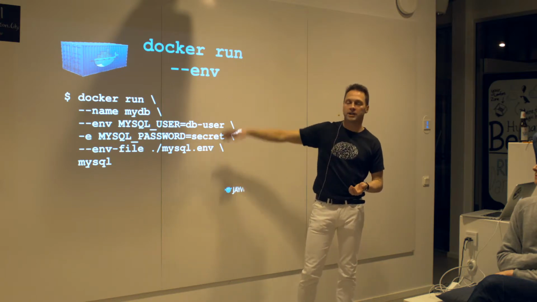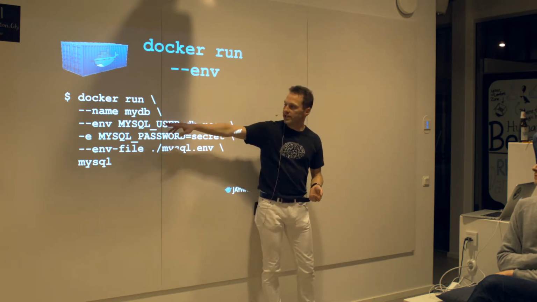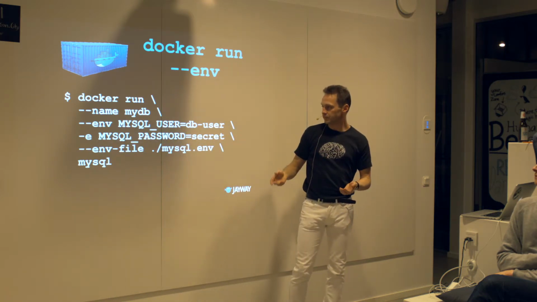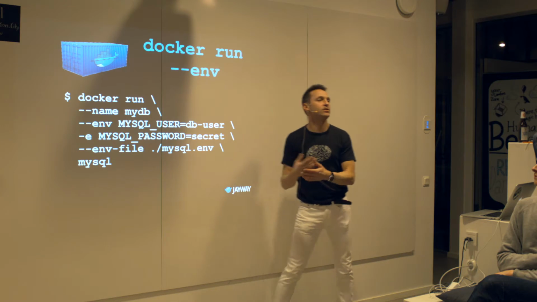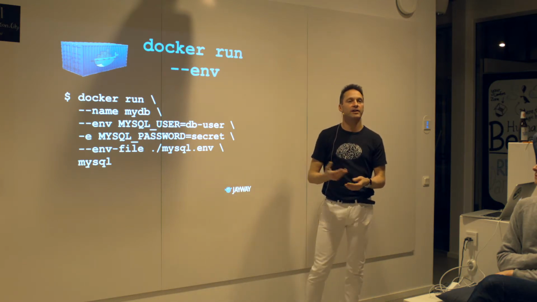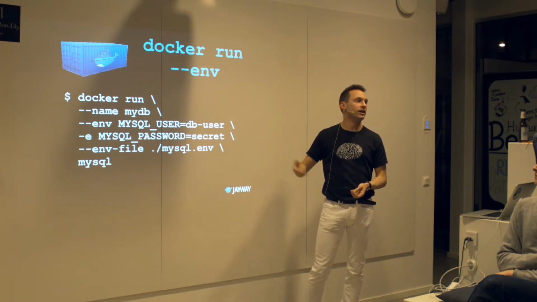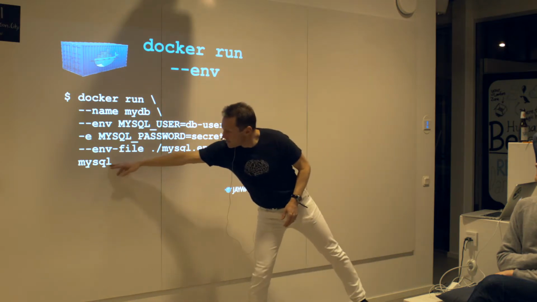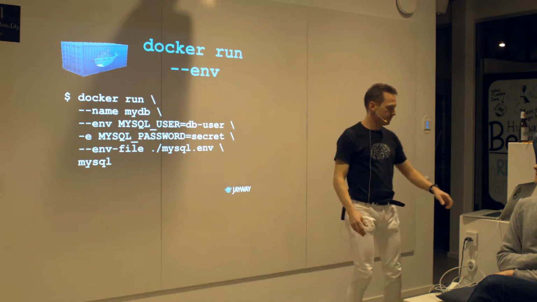I can give it environment variables with --env and -e. They are just synonyms. An env file will allow me to just send a standard environment file into it, and all the environment variables will be set. And then mysql here is just the image.